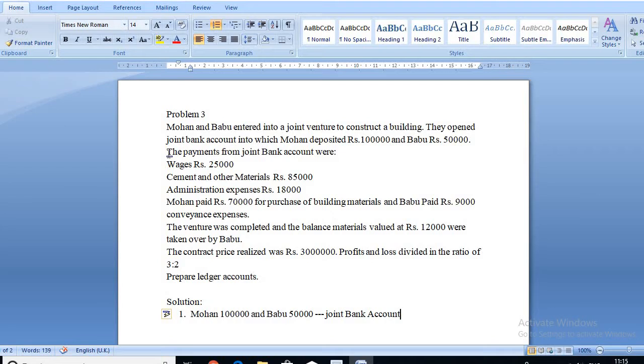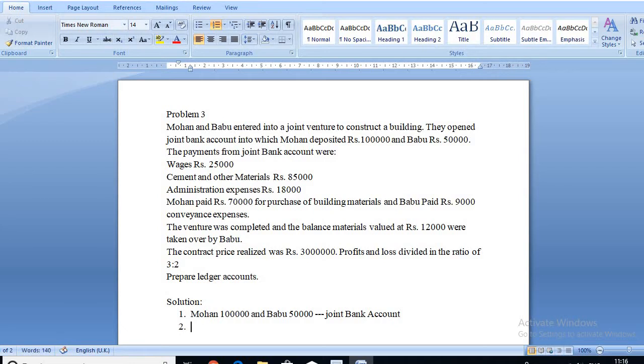Now the second transaction, the payments from the joint bank account. They paid wages 25,000, cement and other material 85,000, and administration expenses 18,000. These expenses were paid through the joint bank account.